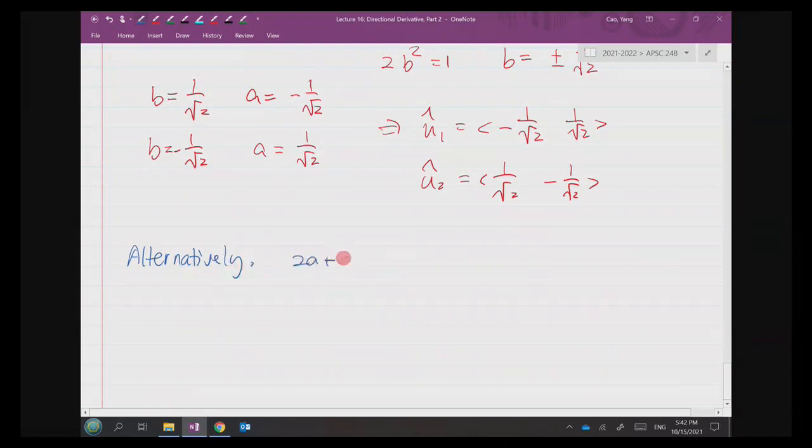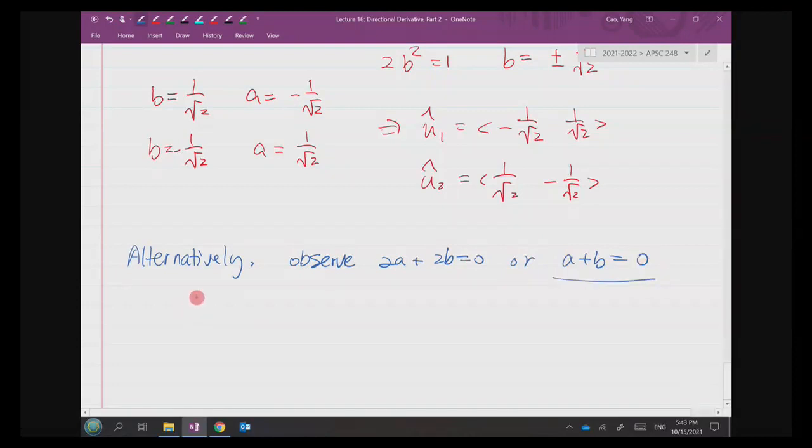We observe this 2a + 2b equal to 0, or a + b equal to 0. So a + b equal to 0 basically means a and b are literally opposite to each other. So what you could do is a trial and error.